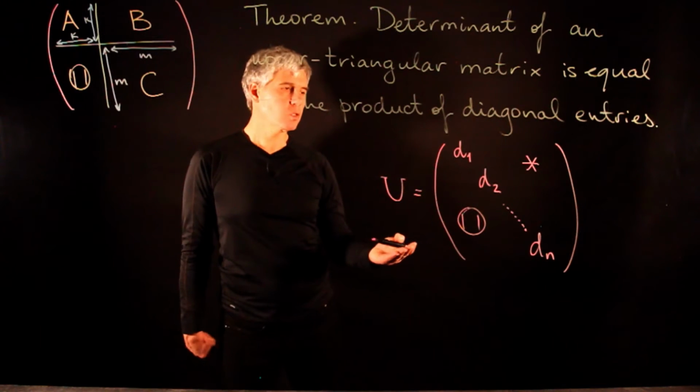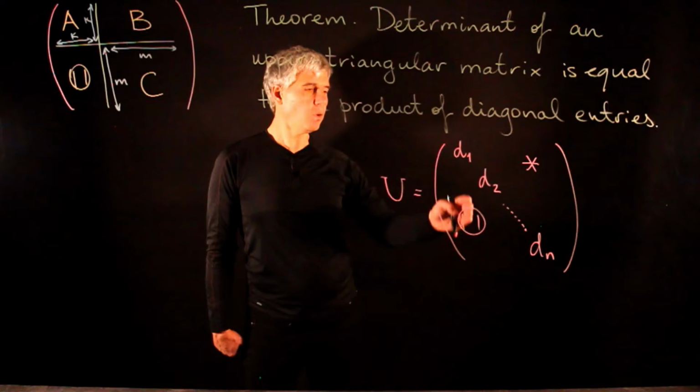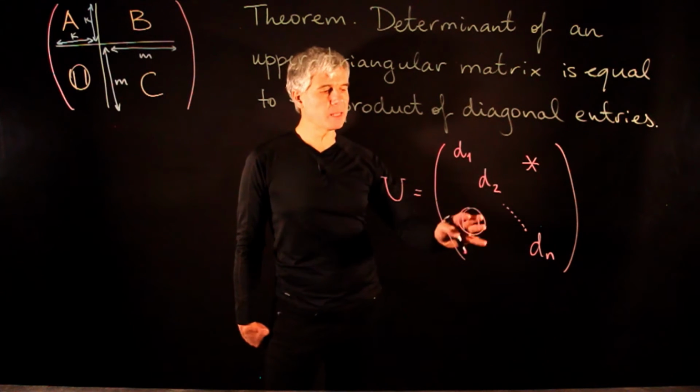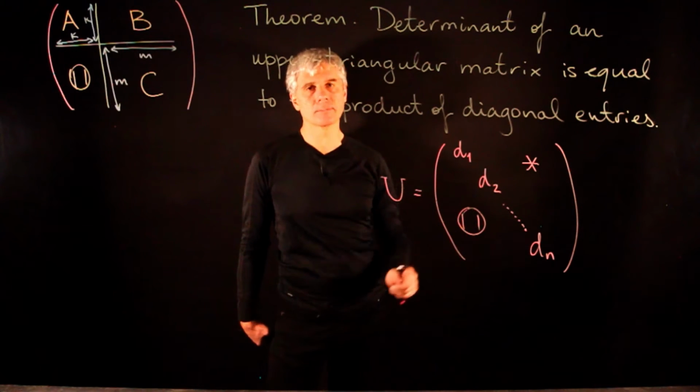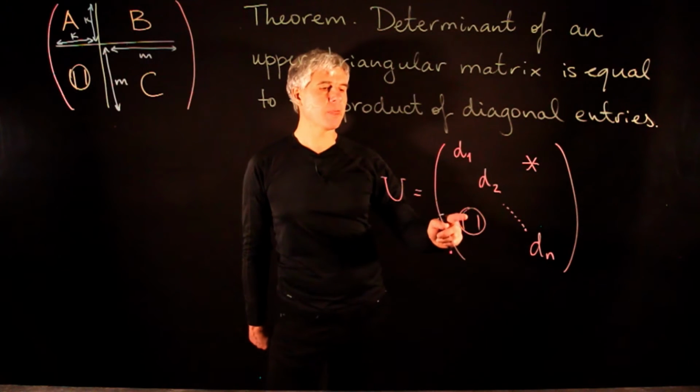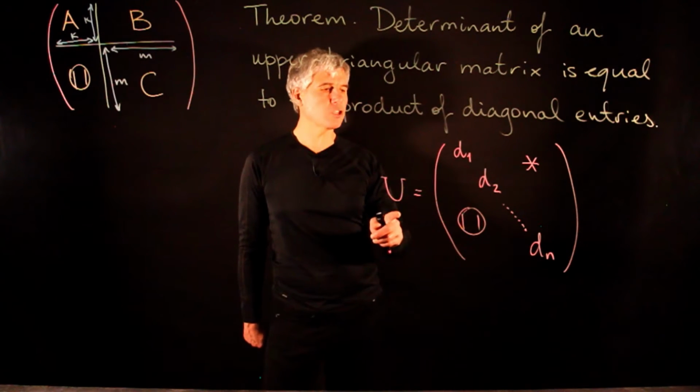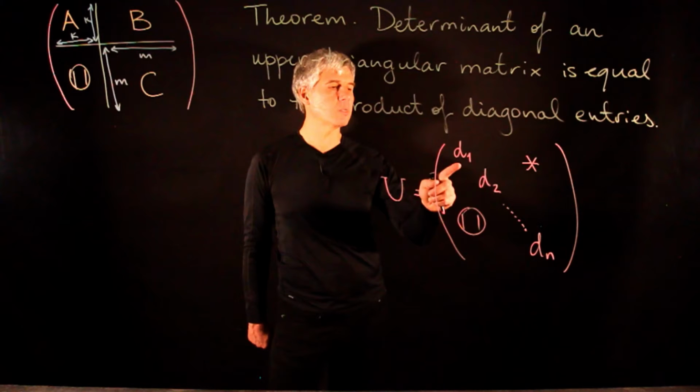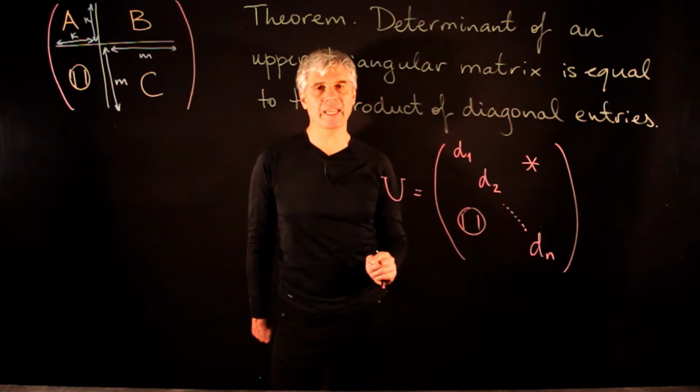A matrix is called upper triangular if all of its entries below the main diagonal are equal to 0. This theorem says that the determinant of such a matrix is equal to the product d1 times d2 times dn.